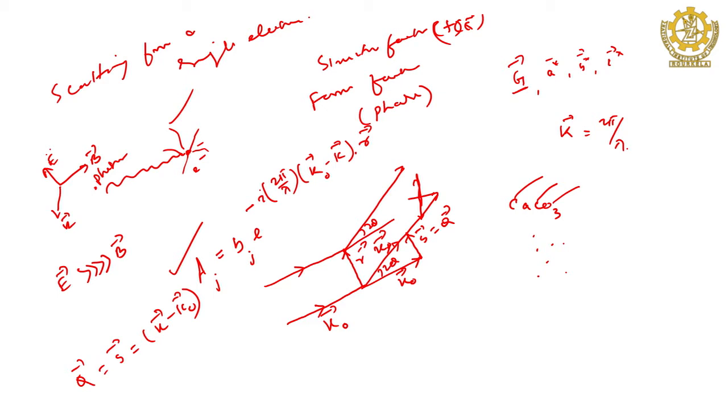So if there is a group of electrons like that, then what will happen to the scattering intensity? First find the amplitude, because intensity is nothing but A prime, since the amplitude is a complex function with an imaginary and a real part.